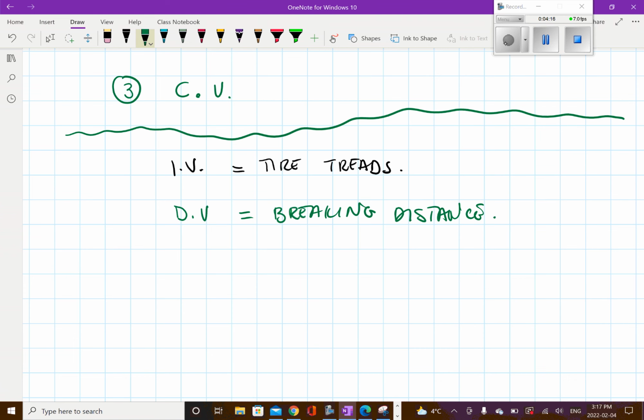And everything else will be constant or controlled variables. In our case, let's suppose, it will be the type of car. So you cannot have different types of cars when measuring the braking distance while you are changing the tires as well.